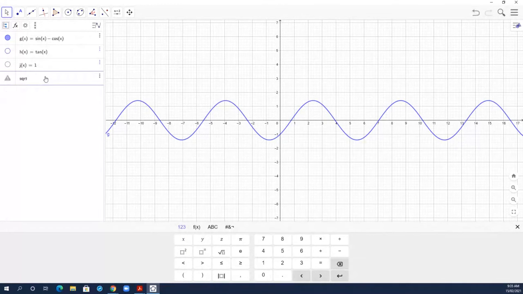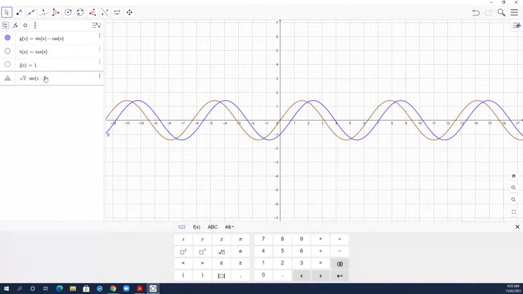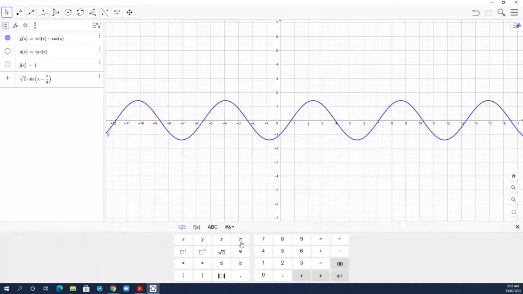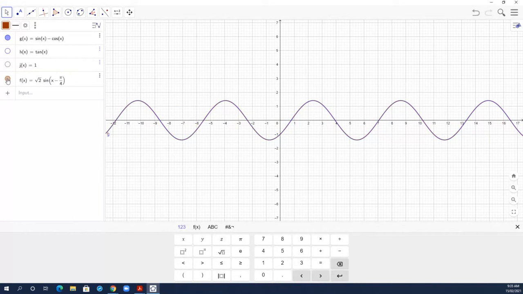And if I put in square root of 2 times sine of x minus pi on 4, you can see, oh my goodness, it's the same function. Wow, okay, so that's another way of doing it.